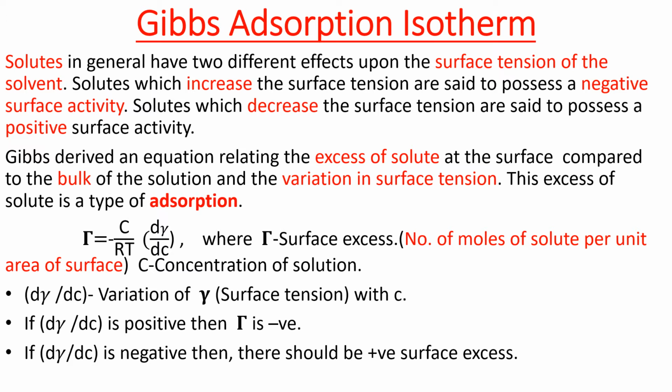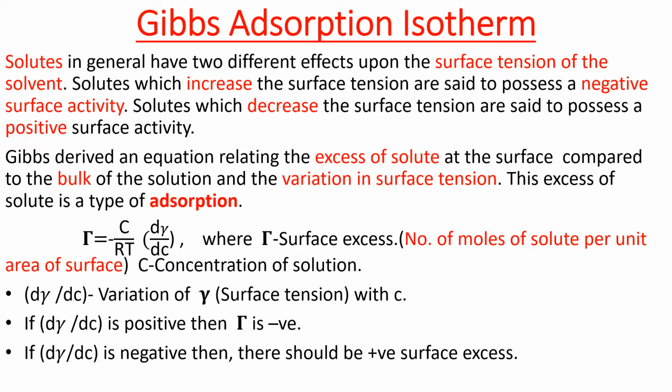Certain solutes which decrease the surface tension are said to possess a positive surface activity. So, depending upon surface activity, there are two types of solutes. One solute increases the surface tension, another solute decreases the surface tension.